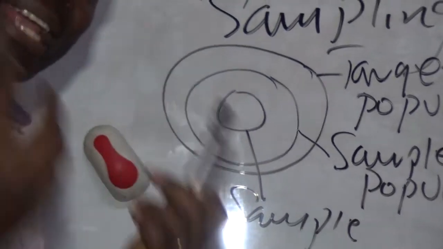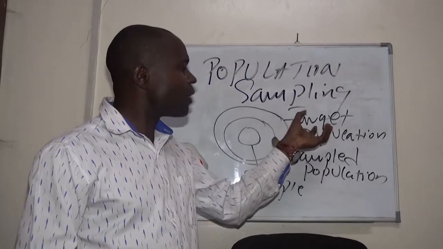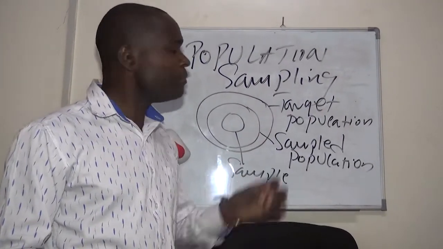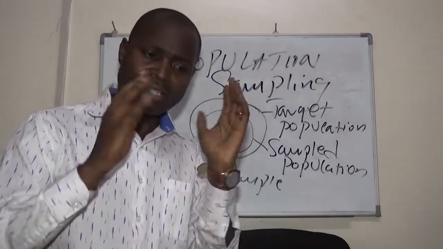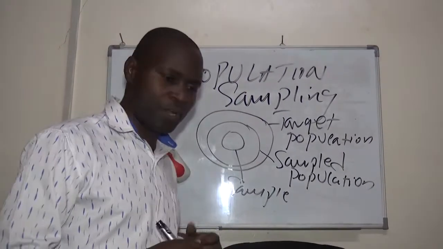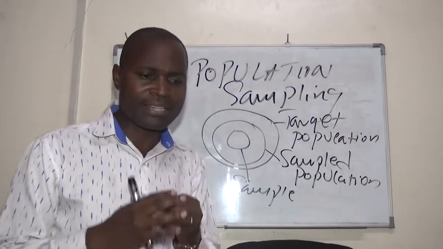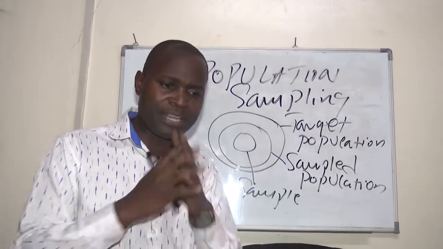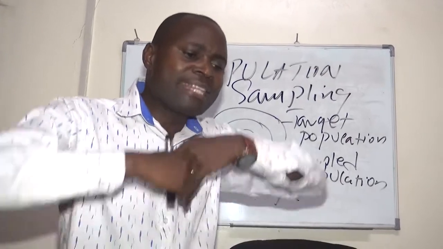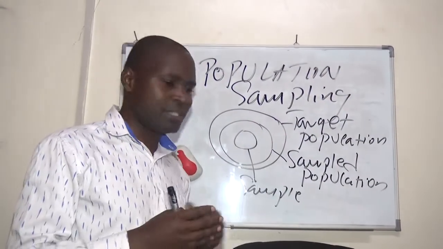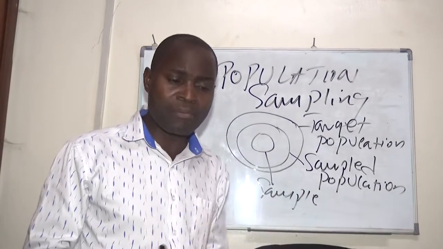Whatever study you conduct, there is always what we call the target population. In most cases, some of these people are too hard to get at one time T. For example, if I come to Mutesa to conduct a study in the Faculty of Business and Management, I may be interested in getting all the students in the faculty. But in most cases, these students may not turn up at that time when I come.